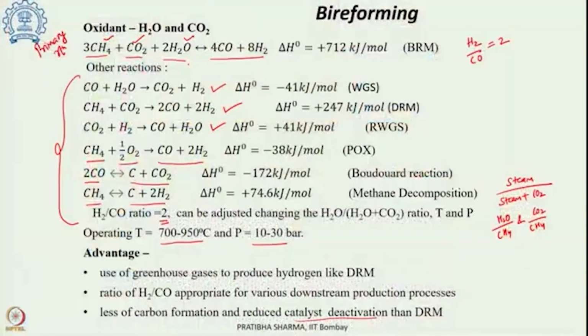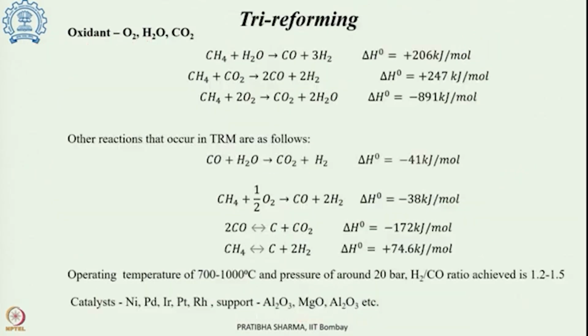So herein we have used two oxidants in the bi-reforming. There are two processes occurring simultaneously: steam reforming as well as dry reforming. Now if oxygen, steam and carbon dioxide, all three are used together, it can undergo either partial oxidation, combustion, steam reforming, or dry reforming.